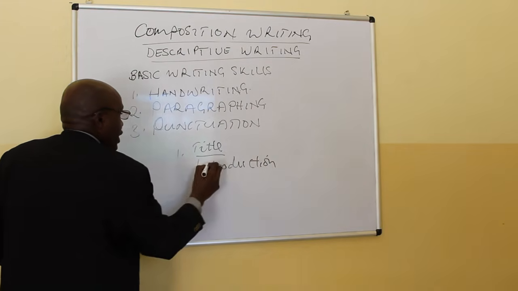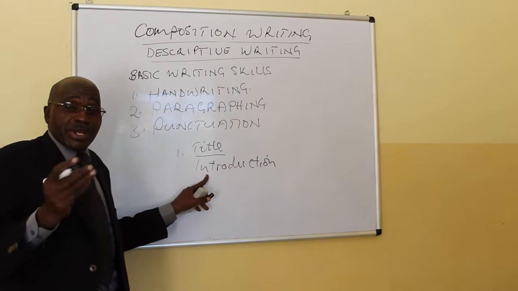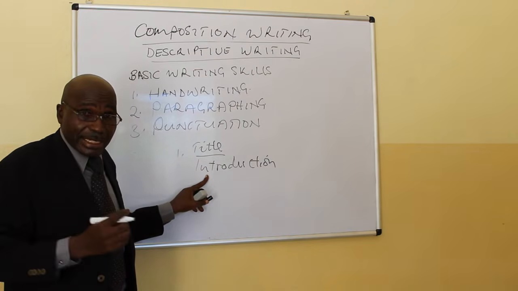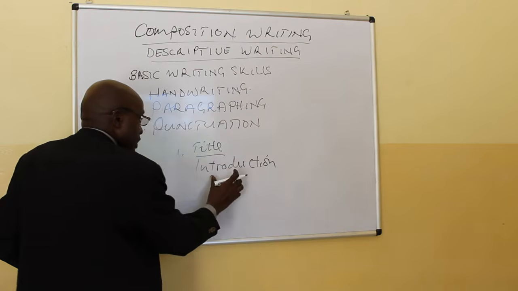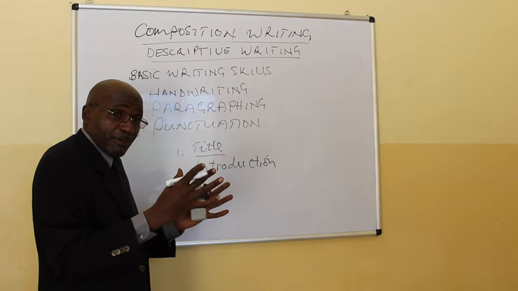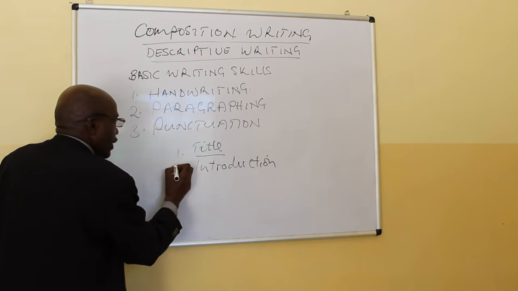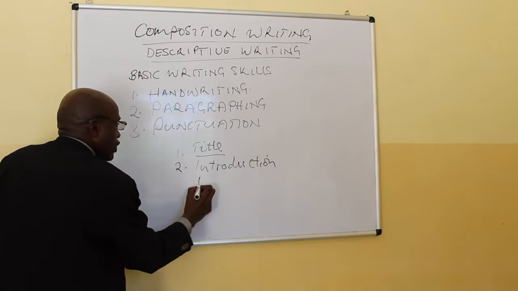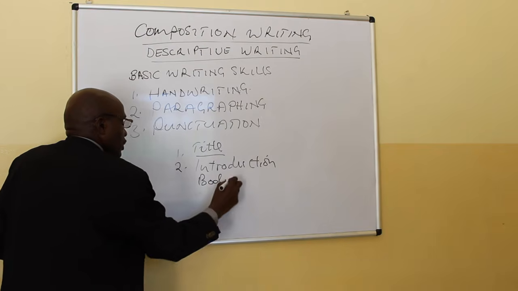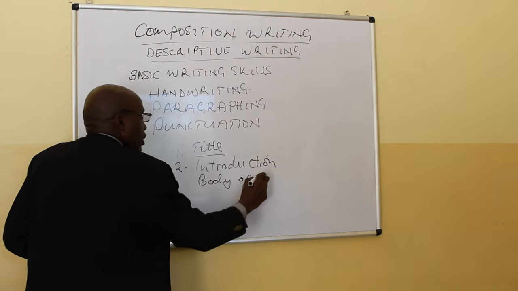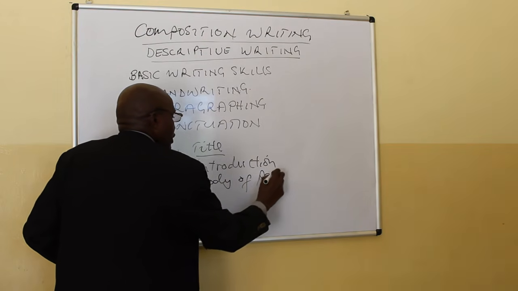The introduction is where we bring out the main idea, like I said, and this main idea should be brief. It shouldn't be long. Then, after the introduction, you have the body of paragraphs.